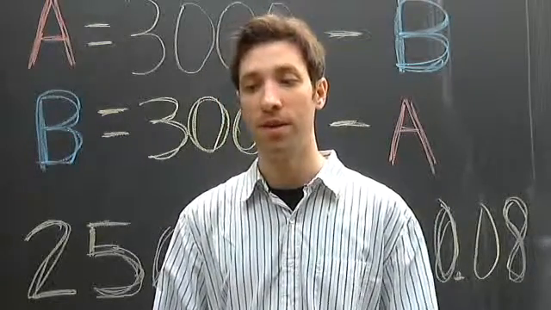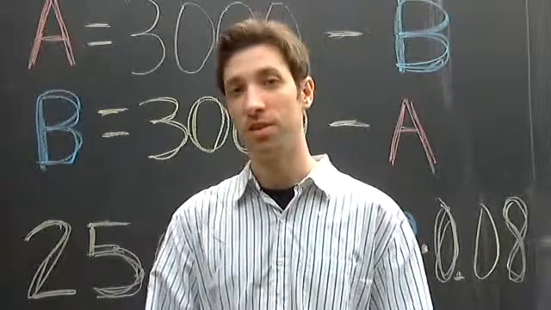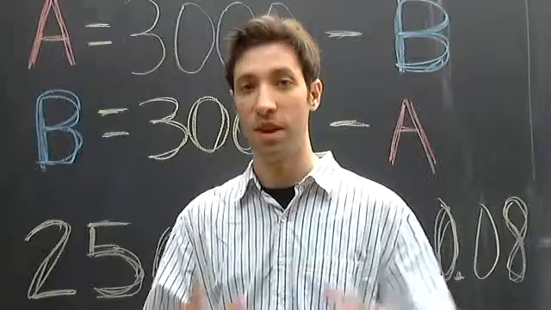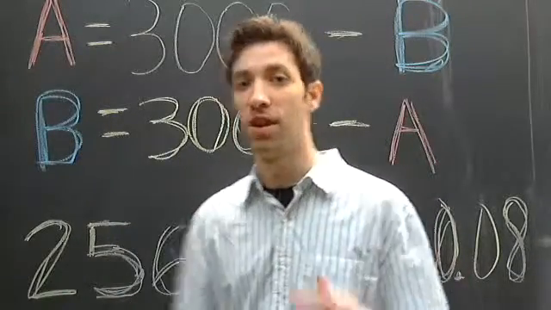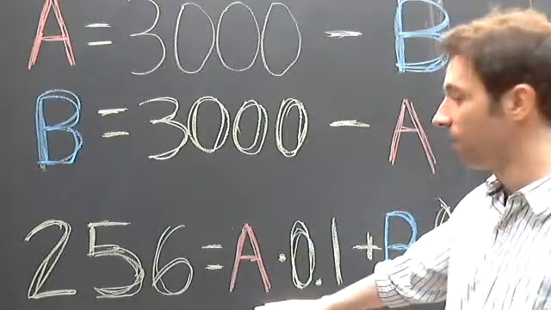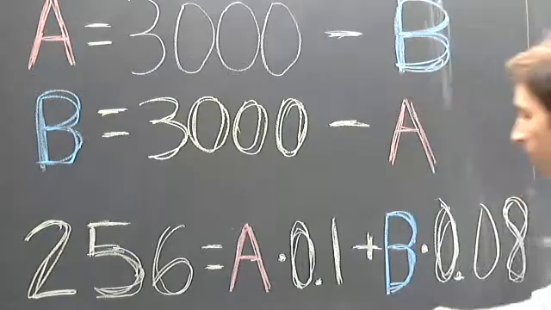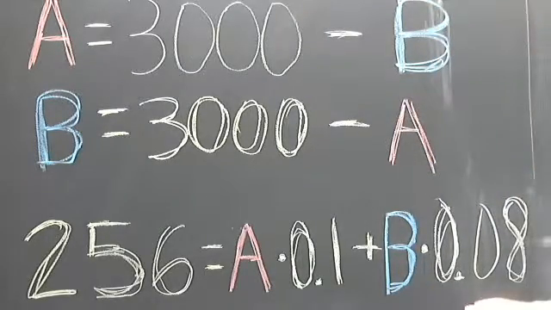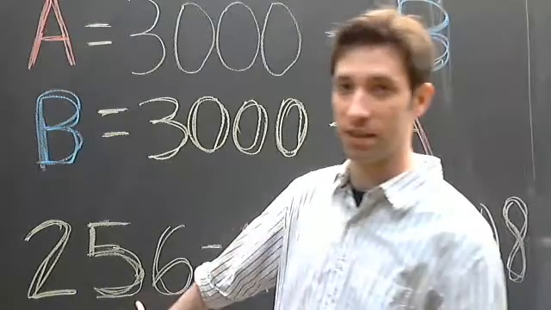And anytime you have a constant rate of change, like an interest rate in this case, all you have to do is put in the amount of money that's been invested in that account and multiply it by that rate of change. So in this case, account A we know is generating 10% interest, and account B is generating 8% interest, and the total of those things put together has to equal $256.